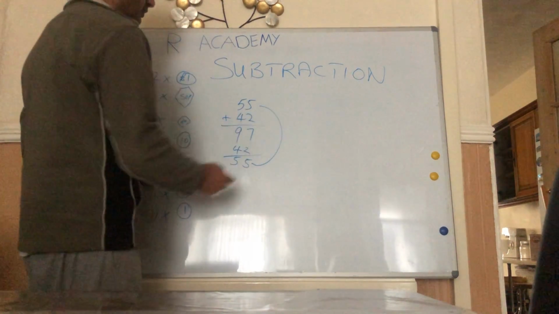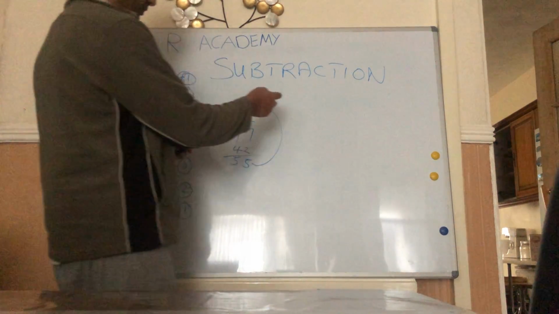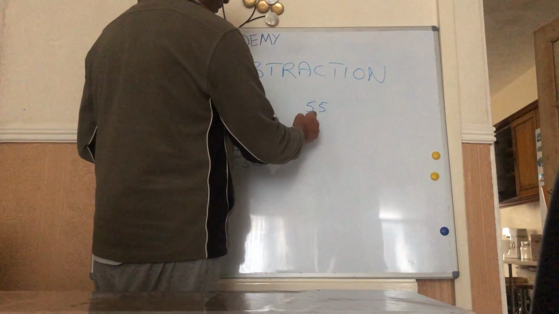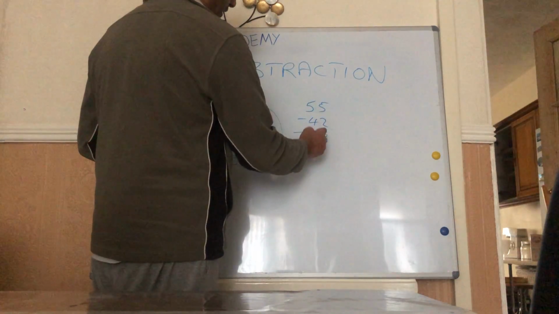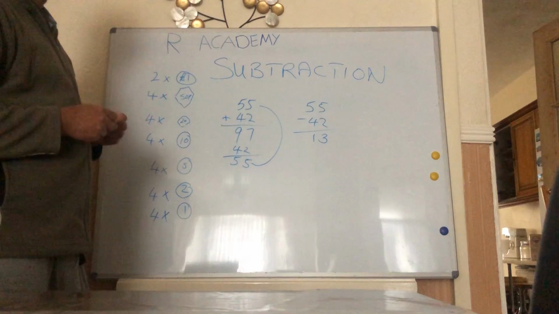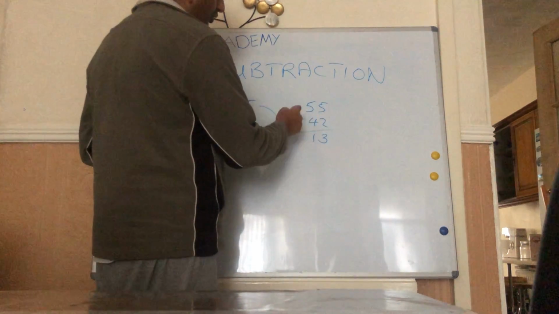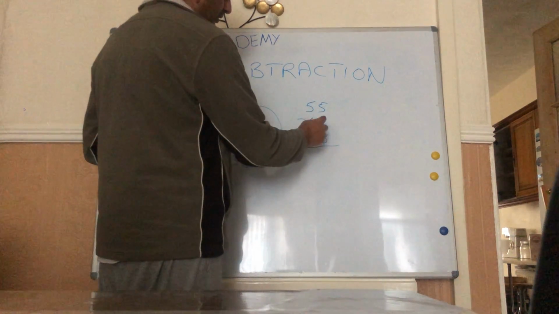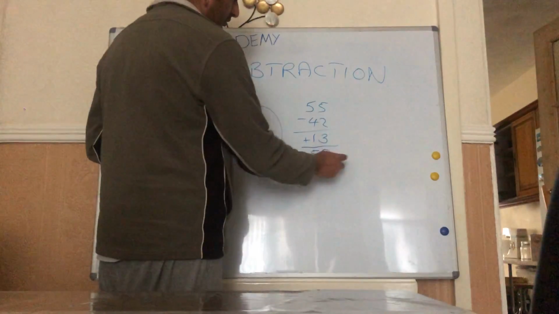Goes back to that one. So you can prove it. Same thing with minus. So 55 minus 42 is 13, yes? So if you was to add these two up, so you're doing opposite of what you just did. So this plus this should equal that. And it does.